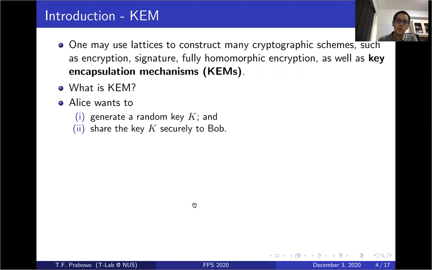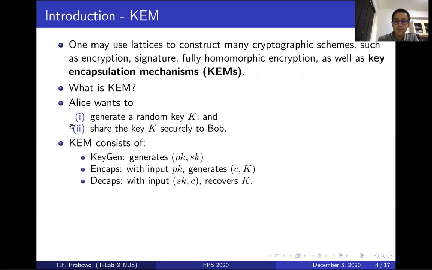So consider this scenario where Alice wants to do these two things. She wants to generate a random key K, and she wants to share the key securely with Bob. Then Alice can use the KEM, because a KEM is the cryptographic scheme designed to accomplish these two tasks together. So a KEM consists of three components.